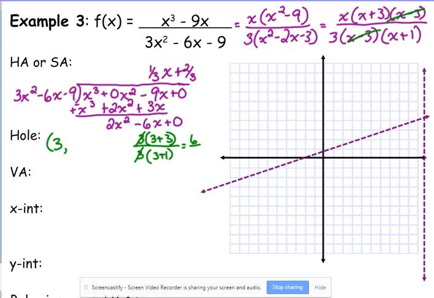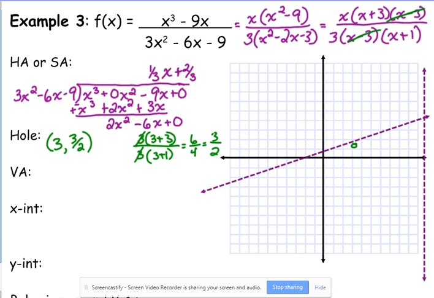So 3 plus 3 is 6, 3 plus 1 is 4. Divide those both by 2. So 3/2, or 1.5. So 1, 2, 3. 3 and 1.5. Okay, that is below the slant asymptote there. Just below it.